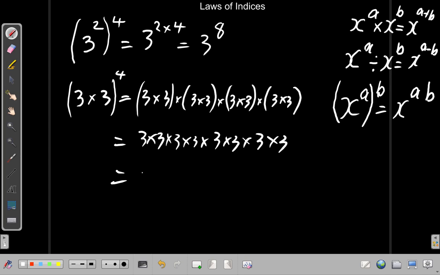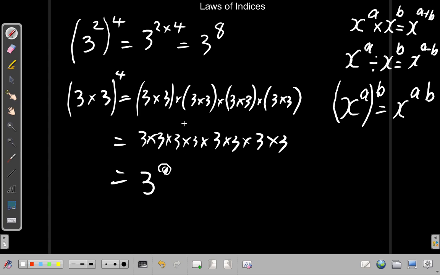We have 3 being multiplied by itself. We show that it is repeated multiplication by writing the index. But what should be the index up here? We're going to write something up here.